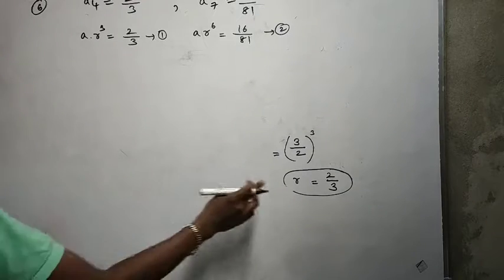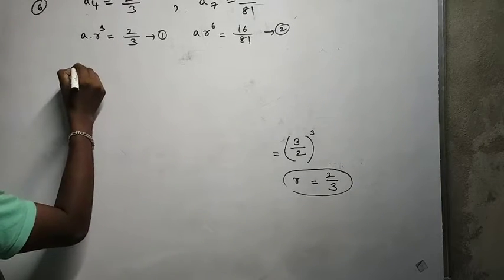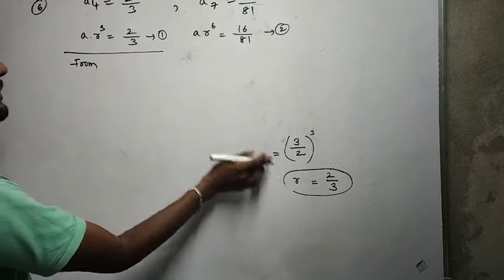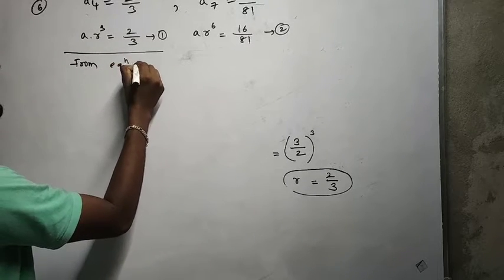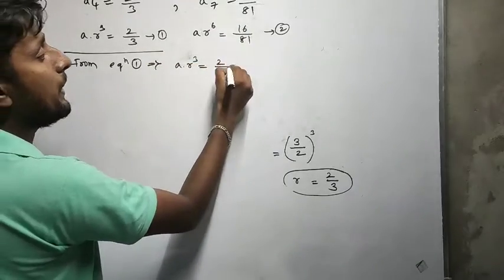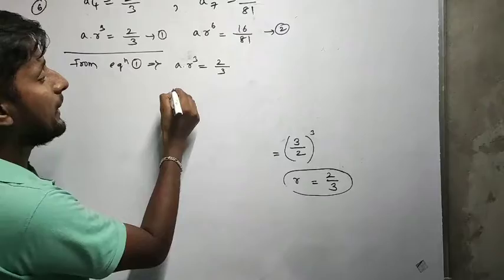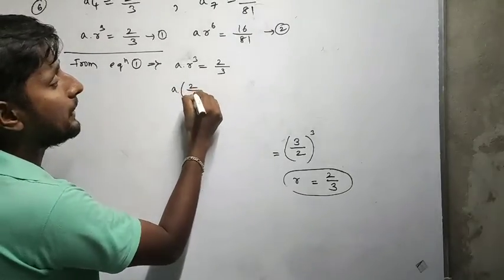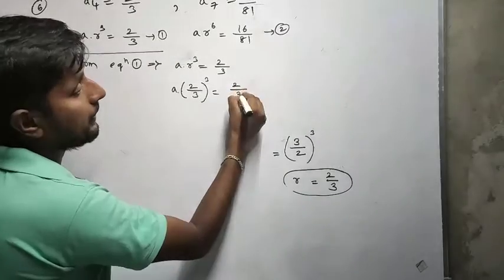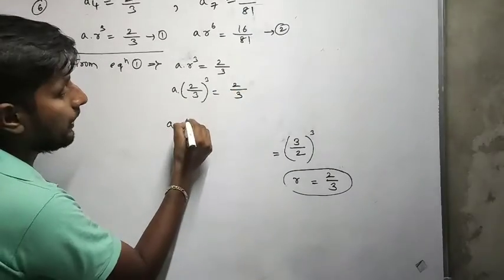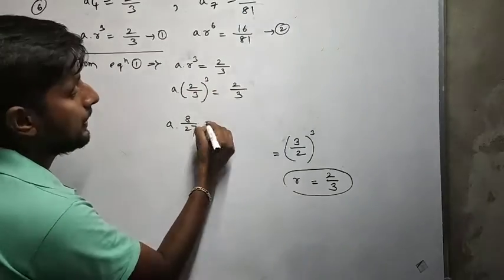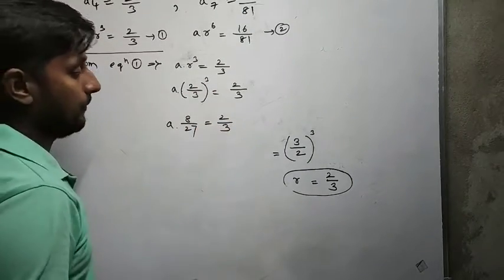From the R value, from equation 1, A into R cube is equal to 2 by 3. So we'll write A into 2 by 3 whole power 3 is equal to 2 by 3. So A into 8 by 27, that means 2 cube by 3 cube, is equal to 2 by 3.